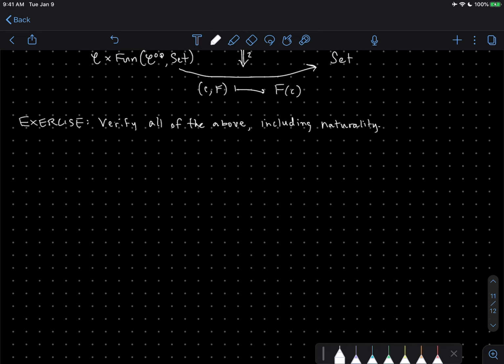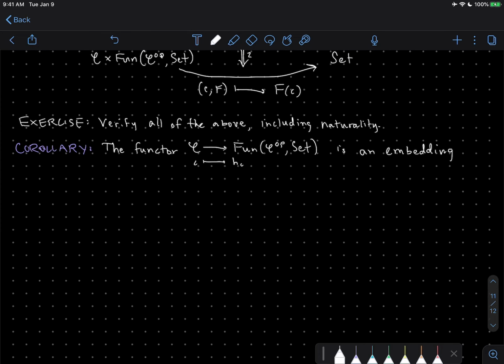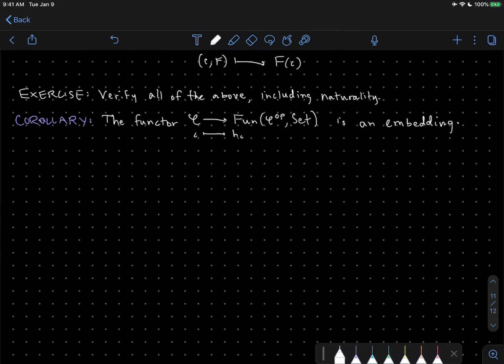Okay. A consequence of the Yoneda lemma, call it a corollary, why not, Yoneda corollary: a consequence of the Yoneda lemma is that the functor taking little c to H sub c is an embedding, in a sense that I absolutely should have defined earlier.